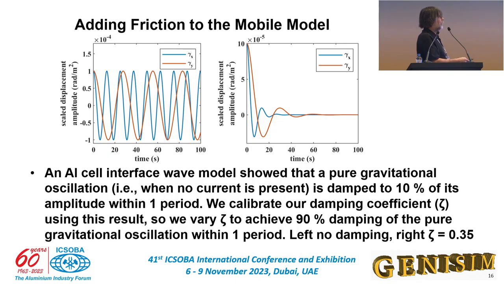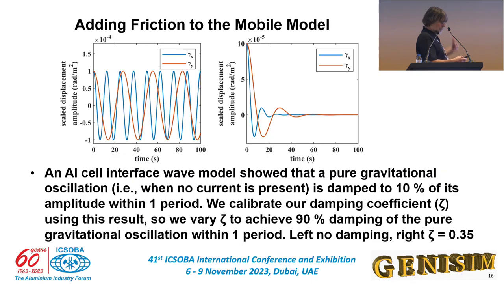So I'm asking for 90% damping in one cycle. Here on the left is when you have no damping at all and no magnetic field. You start with the perturbation and it will last forever. And now you introduce this 0.35 coefficient and you're getting 90% damping in one cycle.